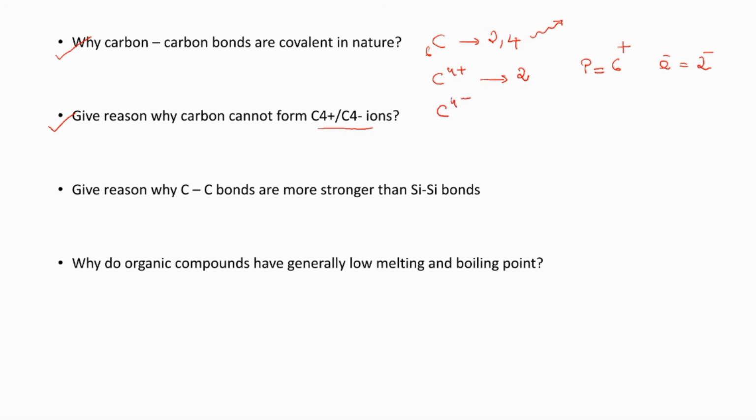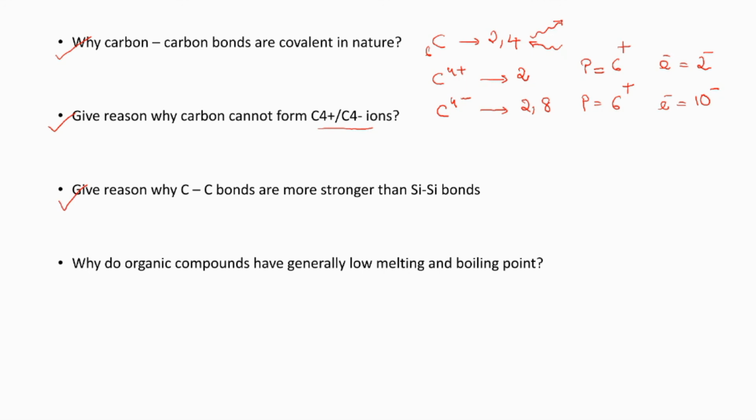C4-, that means it has to accept 4 electrons from somebody. That time what will be the electronic configuration? It will become 2,8. But that time also the number of protons will be 6 only, 6 positive charge. What will be the number of electrons? That will be equal to 10 negative charge. So too much difference in positive and negative charge will make the system unstable.